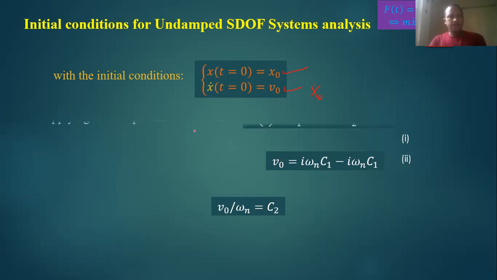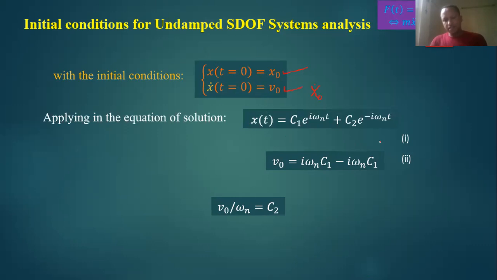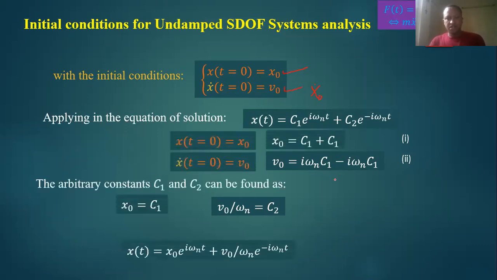Applying these on this equation, we can find the two constants C1 and C2. We can see further the relation between this equation and the Euler sine and cosine for complex numbers with exponentials.